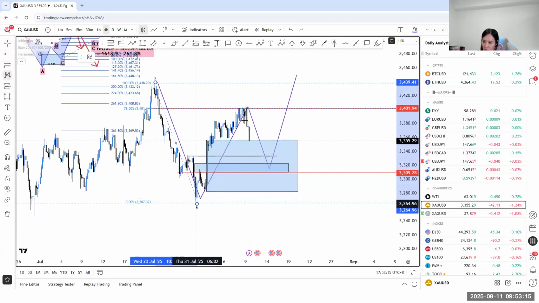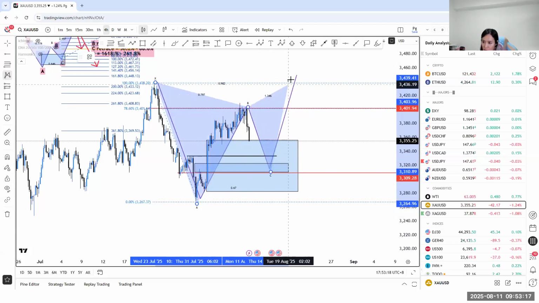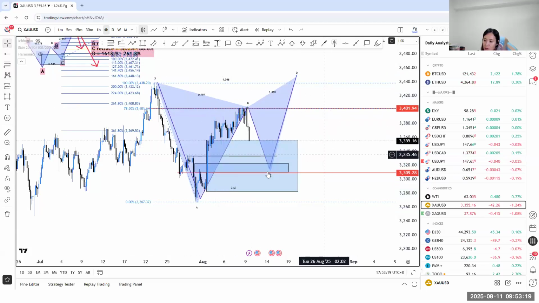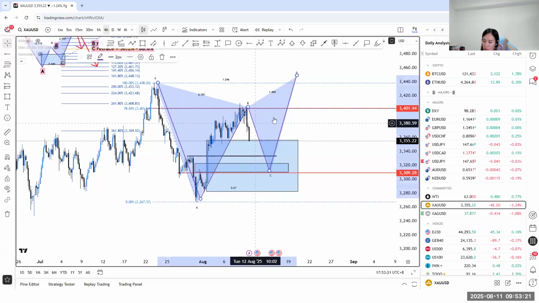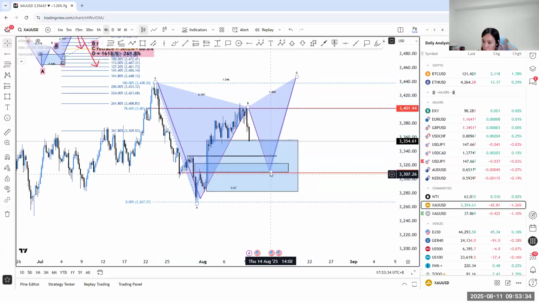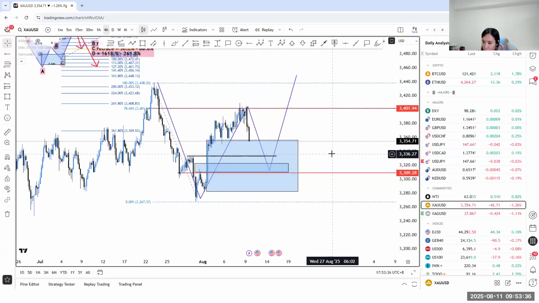So I'm not sure if this is going to be a harmonic pattern or any pattern, or we need to say price is already falling really strongly. Basically there are 7 more minutes to the end of the hour. So you can see very strongly, and now they're already falling.